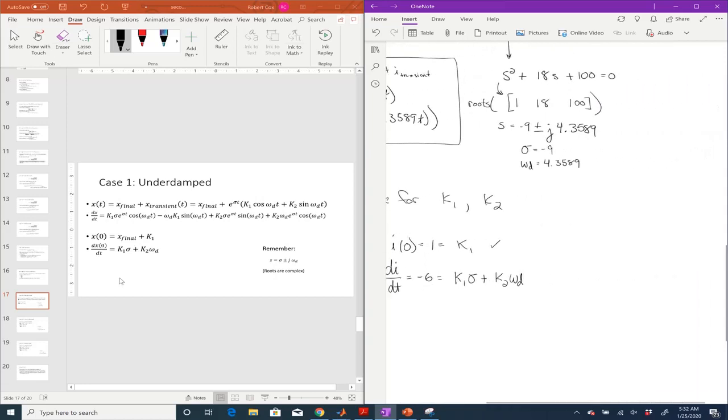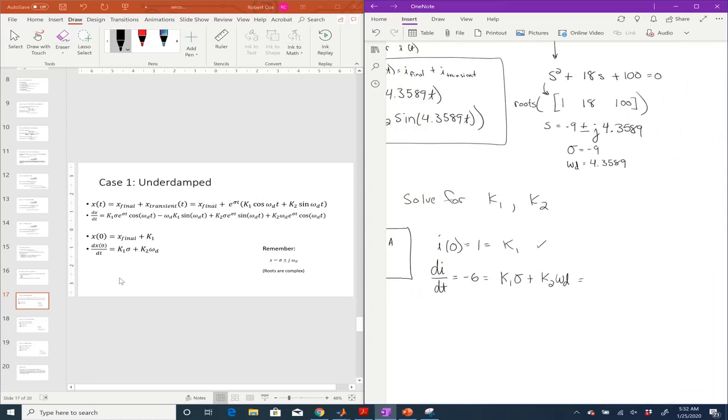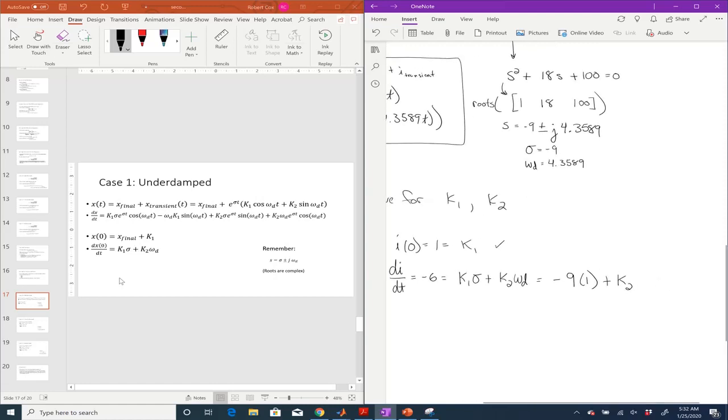Sigma was minus 9, K1 is 1, and omega d is 4.3589. So this is one equation and one unknown. If I solve, K2 becomes equal to 0.6882.